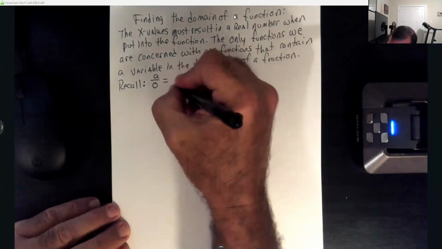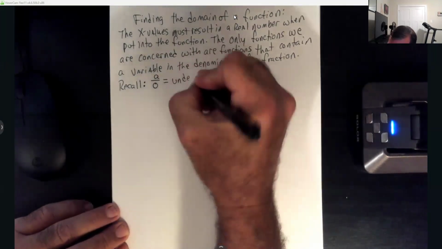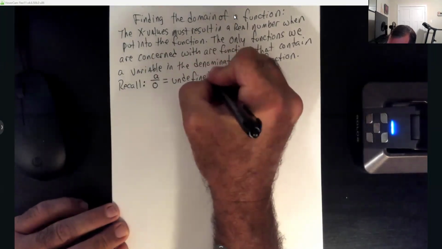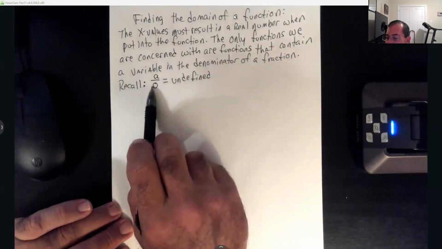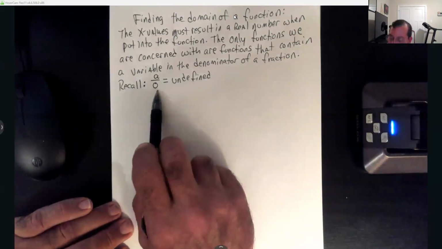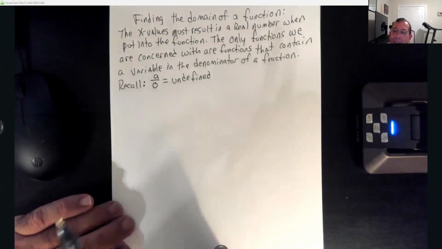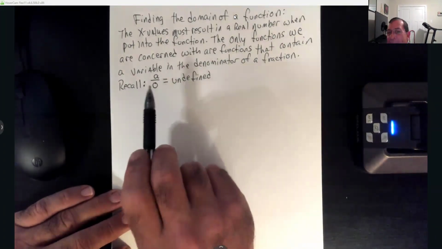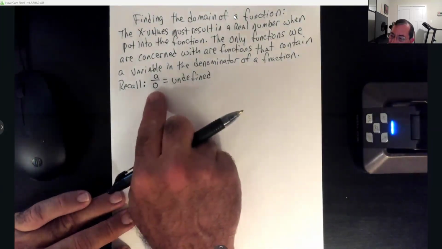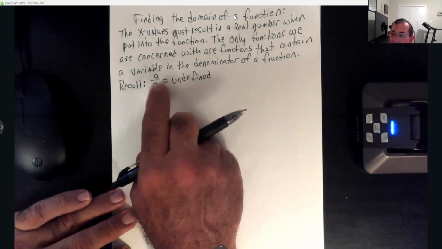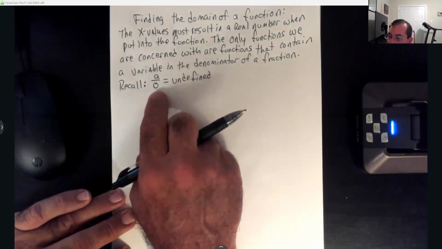Undefined. Good job, Taylor. Which means we don't get a number when we divide by 0. That thing's undefined. You cannot do that. So that means if I got a fraction in my function, any numbers that make that denominator equal 0, we got to kick them out.